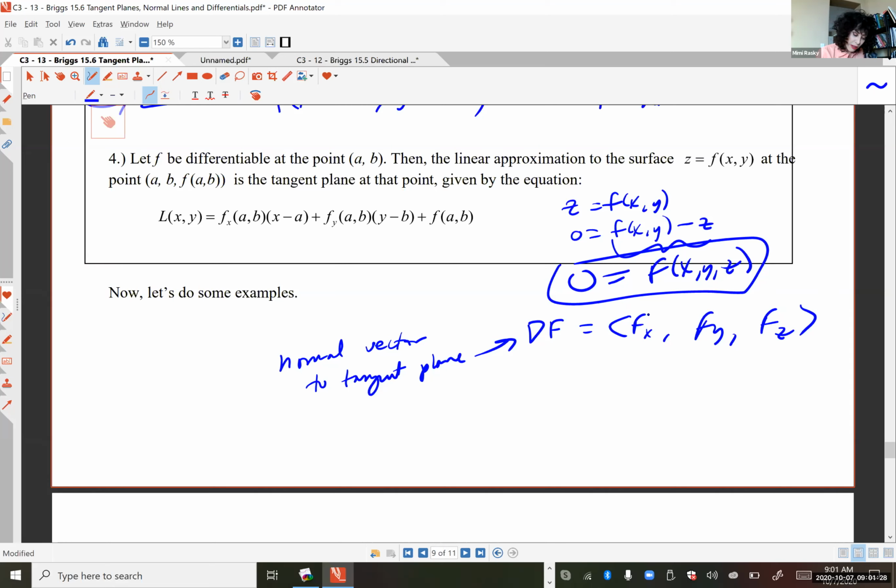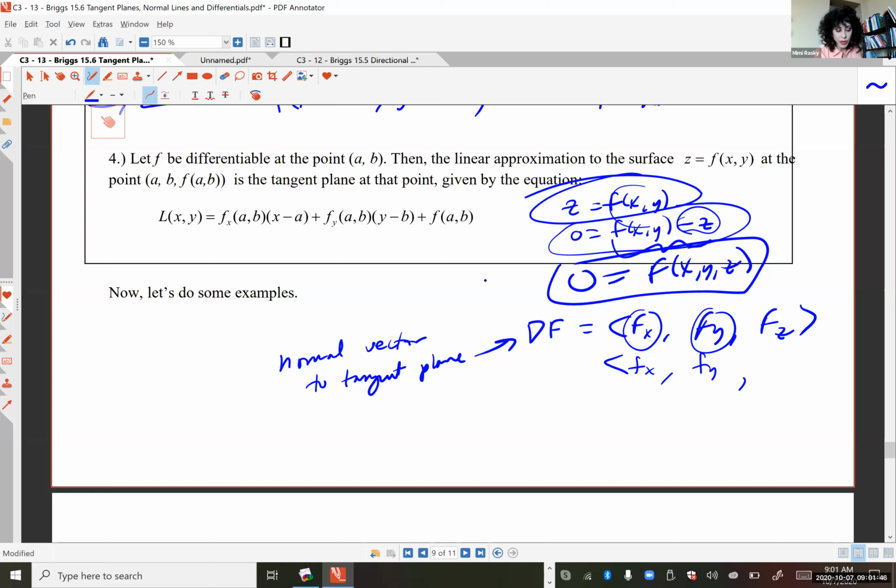But it turns out that big Fx ends up being the same as little fx here, just because you move some stuff around. And this ends up being the same as fy if you know your original function was explicit. And since I moved z to the other side, and there's only one z in this whole equation, the derivative with respect to z is going to be -1. Or it'd be +1 if you moved all the junk to the other side, okay? Either way, this is going to be your normal vector.